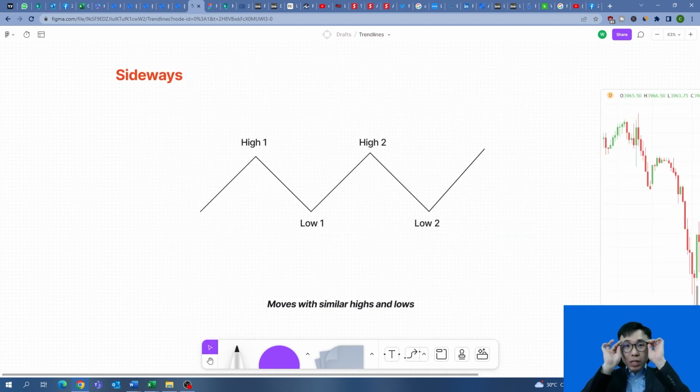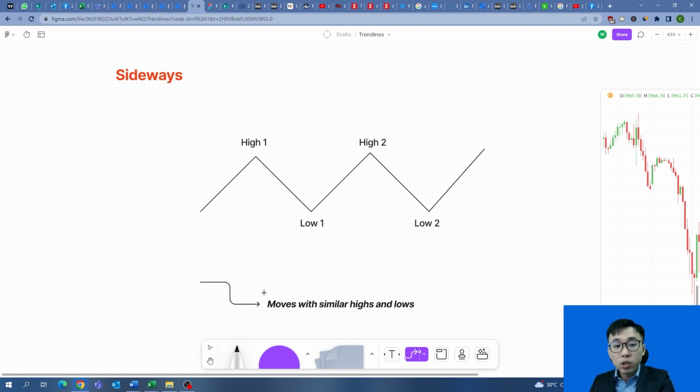Now, last but not least, in terms of trends, is sideways. What we mean by sideways is that we expect the pair or the price itself to move in a small range of pricing. So we will expect it to zigzag within a certain price for a certain period of time. We need to remember that for sideways, we are expecting it to move with similar highs or similar lows or both.